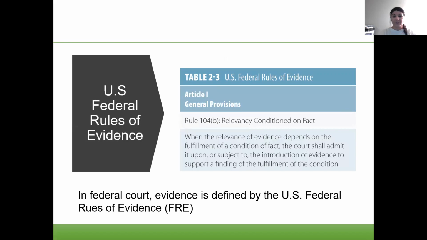When the relevance of evidence depends on the fulfillment of a condition of fact, the court shall admit it upon or subject to the introduction of evidence supporting a finding of the fulfillment of the condition, which basically means the relevancy of evidence depends on the fact and will be allowed to be shown in court if they find that the evidence helps explain the fact or show the fact.